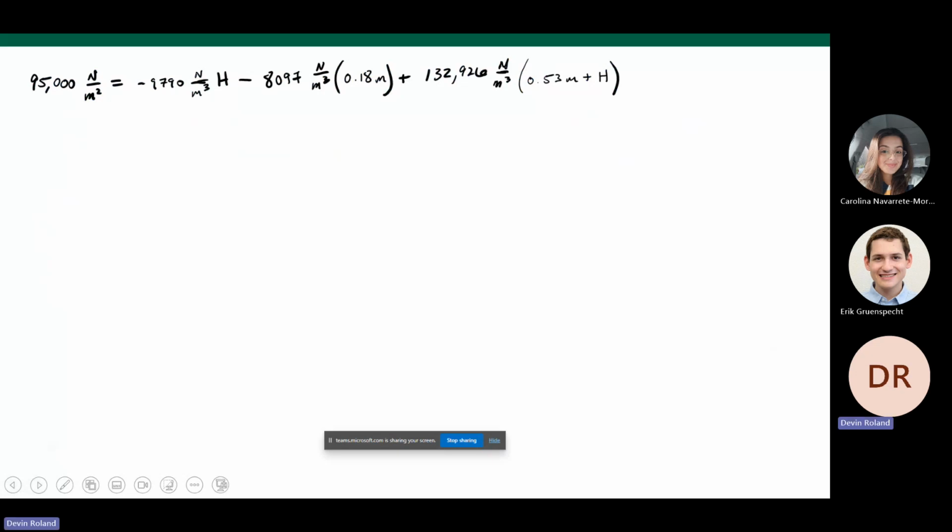Okay, so let's combine our like terms here. So I'm just going to clean this up for a second. So 95,000 newtons per meter squared equals, I'm going to distribute these terms first. So we have 9790 newtons per meter cubed H minus, I'll combine these terms, 8097 times 0.18. That's 1457.